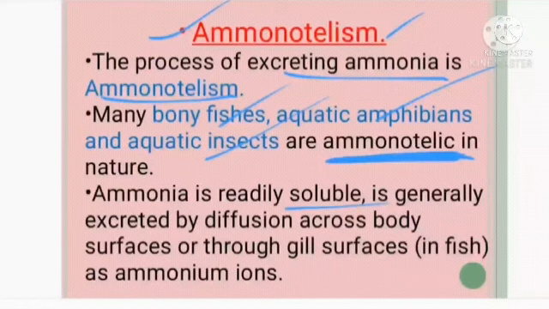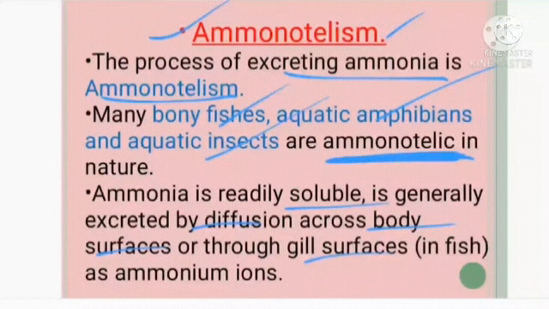From the body surface, this ammonia, which is gas-like, moves out by simple diffusion. Inside the body of the animal the concentration is more and outside, in the water, it is less. So the ammonia diffuses out through the pores on the body surface, or through the gill surfaces, the breathing part.